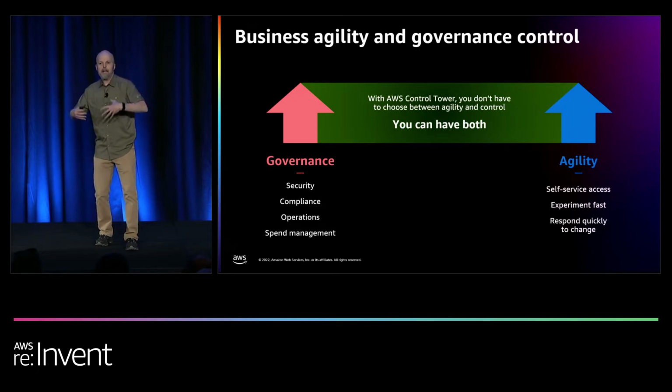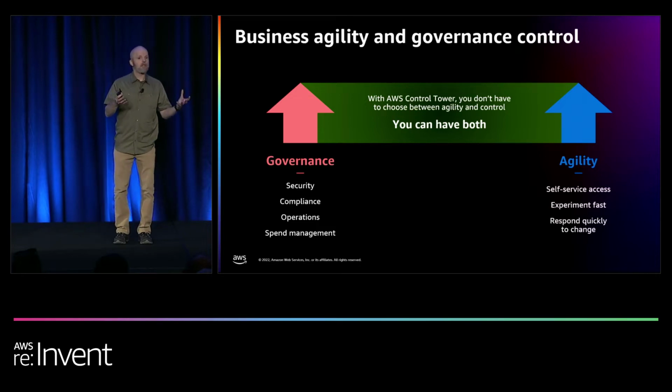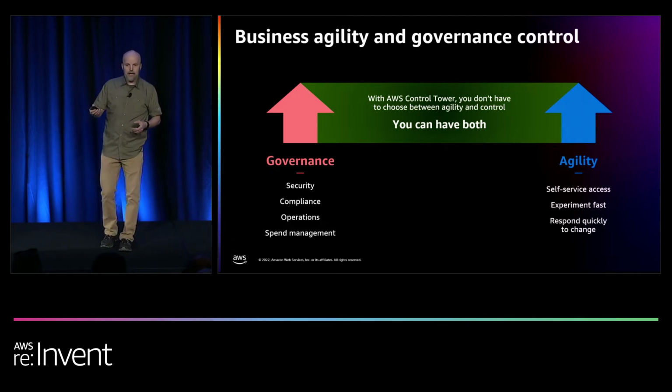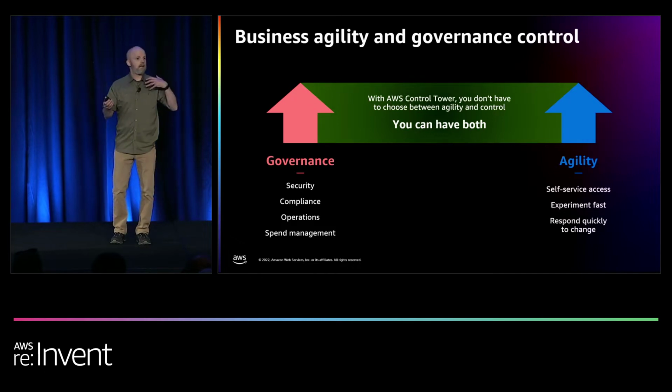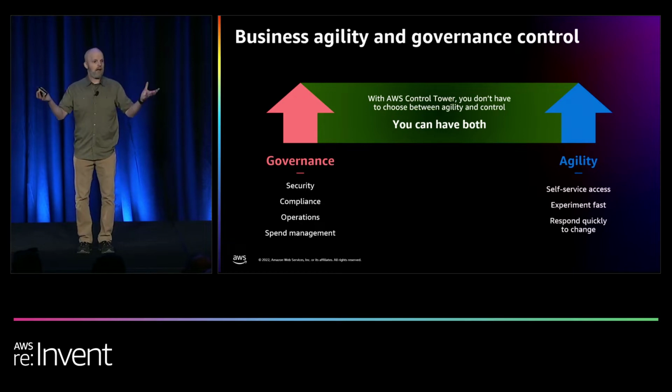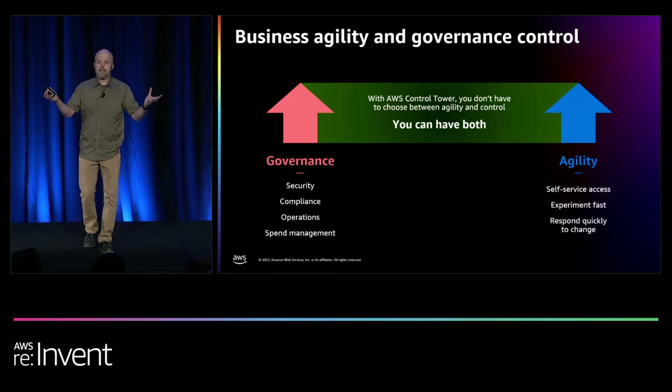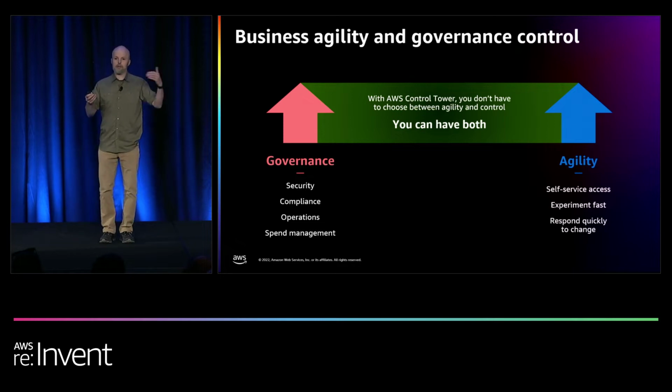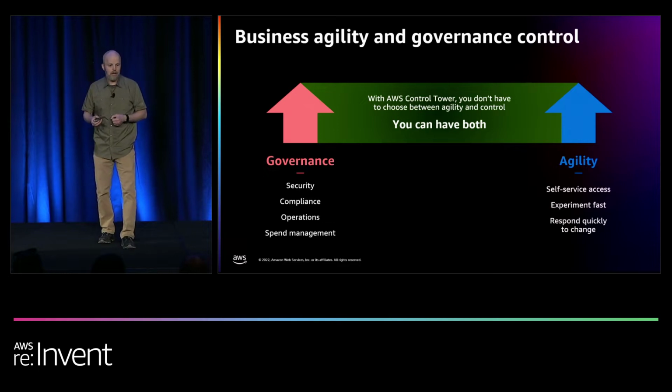So for you to efficiently provide them with environments that have the right configurations and the right controls in place so that they can be free within that framework. If you're starting out with AWS, we definitely recommend you start with Control Tower right now and build from there. If you have already used AWS for many years, you can still adopt Control Tower and extend governance to your existing organization.